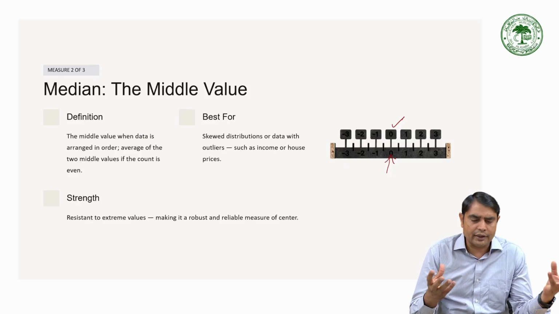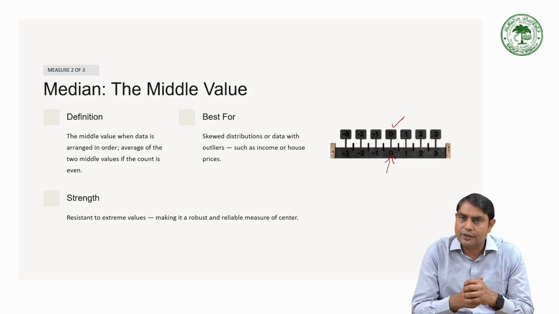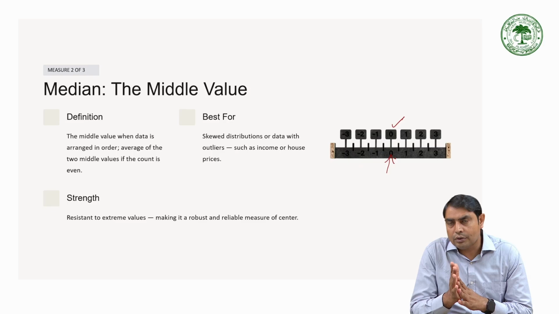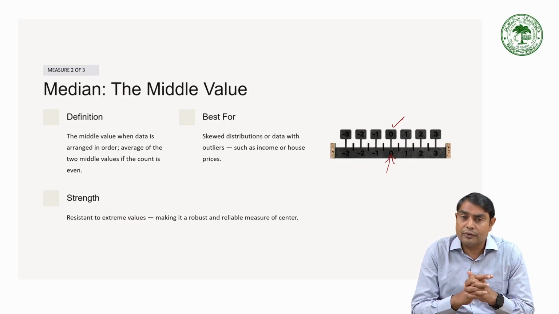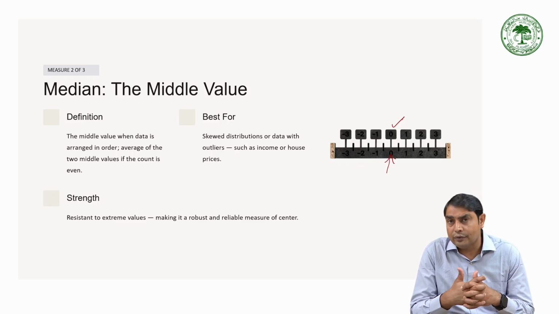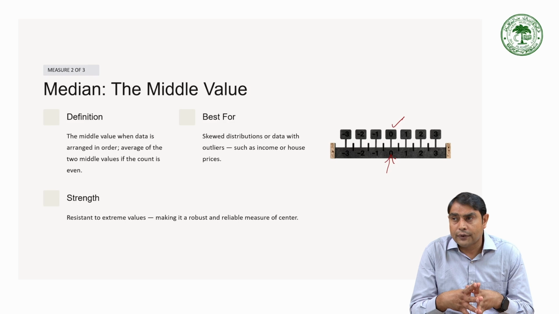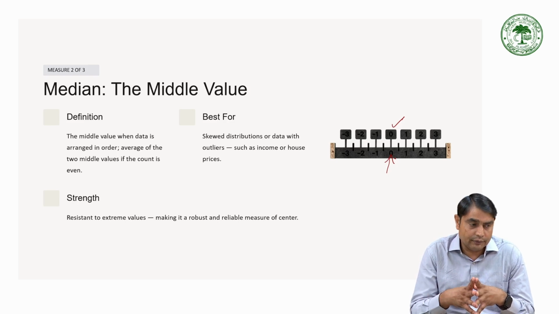The strength is that it is resistant to extreme values, and another strength of the median is that it helps you deal with relative numbers, relative responses. For example, we have taken an example of measuring a satisfaction level.